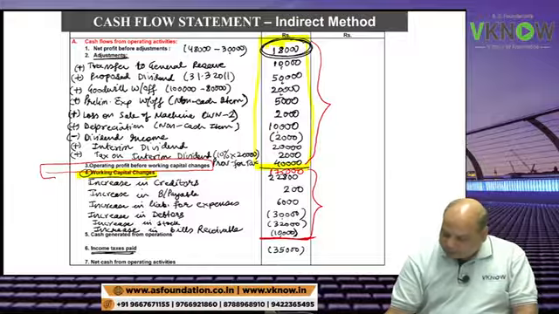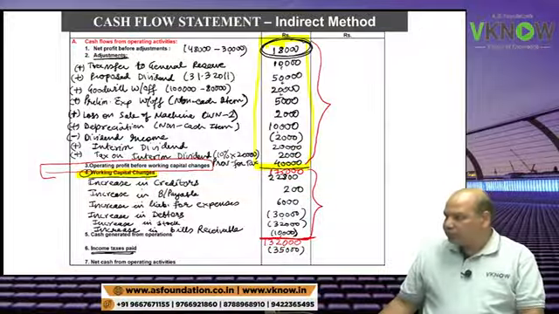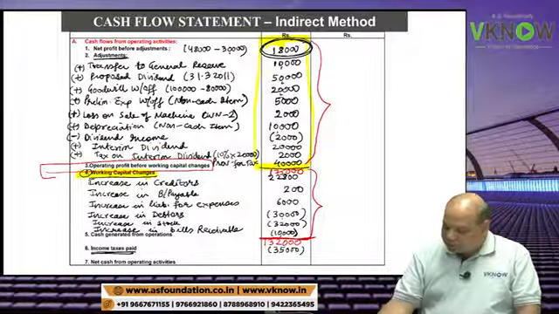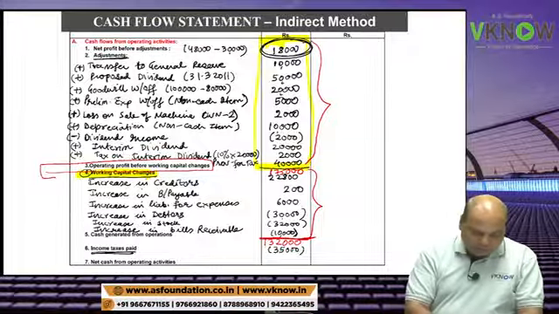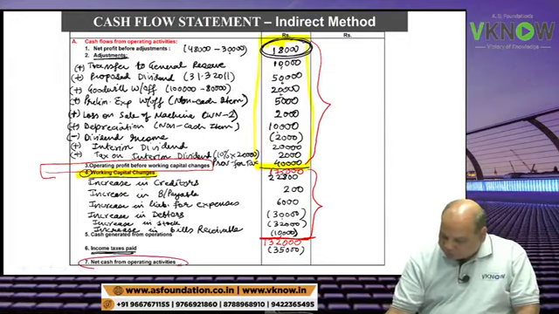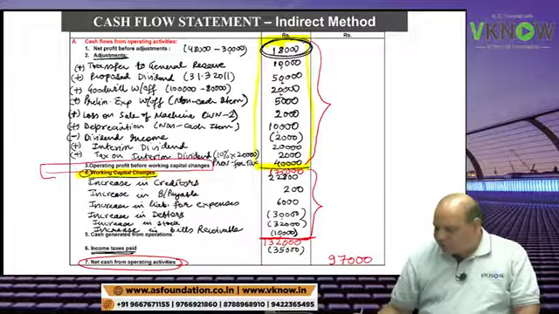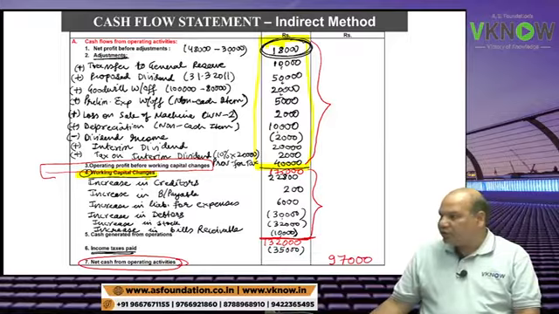So we are getting cash generated from operations 1,32,000 and minus income tax paid 35,000. So net cash flow from operating activity, please check, are you getting 97,000?